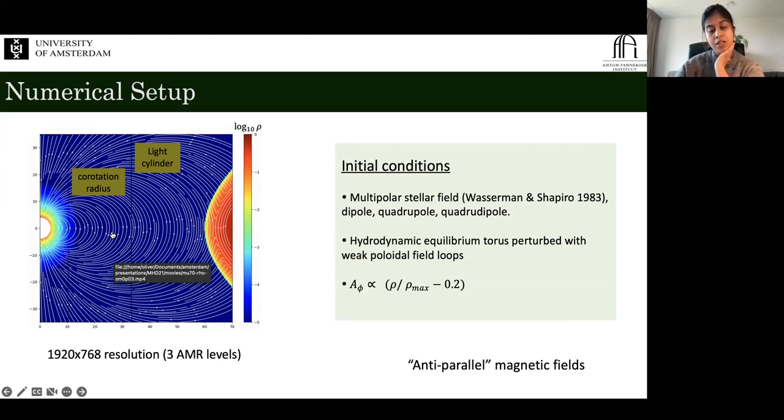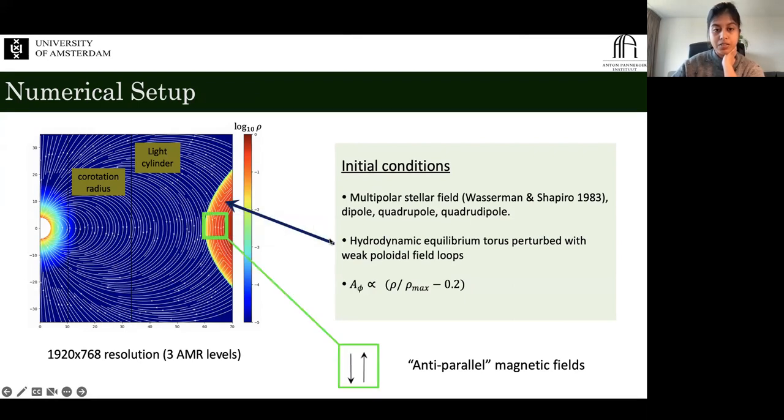We set the stellar magnetic field, which is here, at the surface of the neutron star. And then we also have a torus, which is this. We set the torus magnetic field in our system such that it is anti-parallel to the stellar magnetic field. And the implications of this, I'll come back to in a bit.